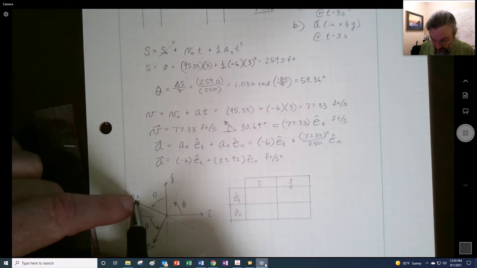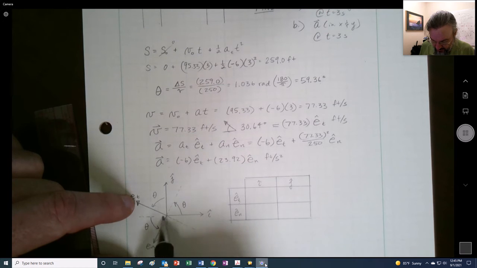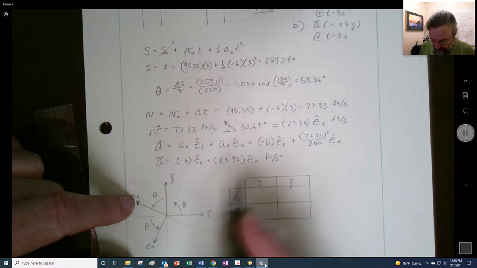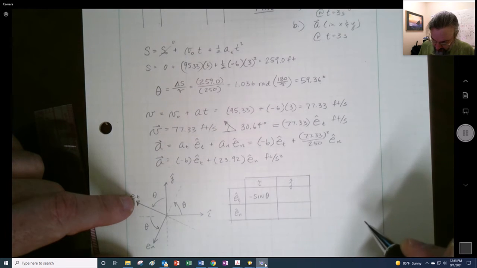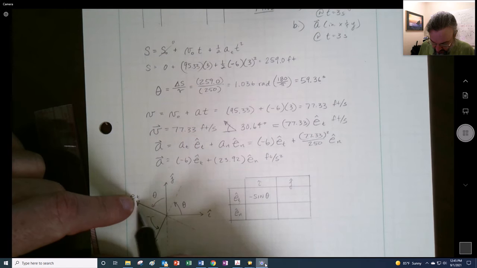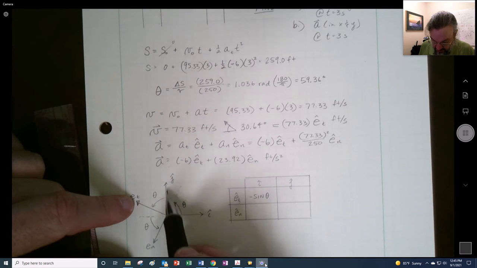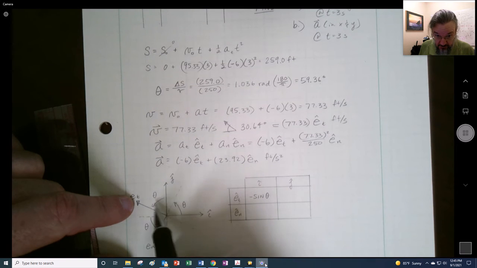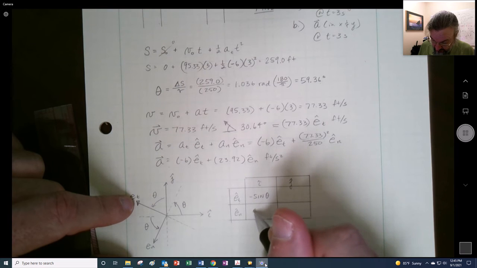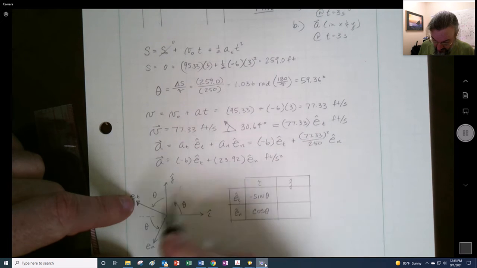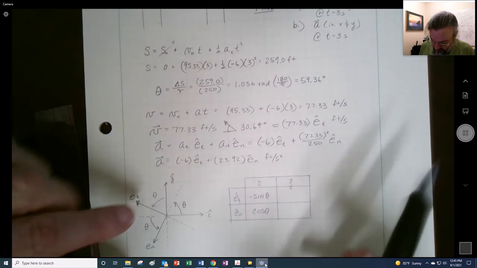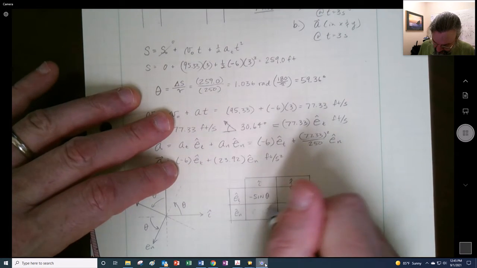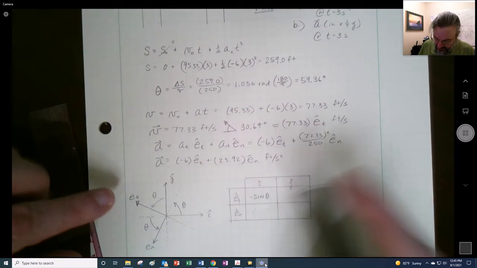It's going to be negative sine of that angle, because it's opposite from this angle. And then for ET, we can also see that it's in the positive J, and it's going to be the cosine of that theta because it's adjacent. Whoops, I'm sorry, that was supposed to be ET's J.